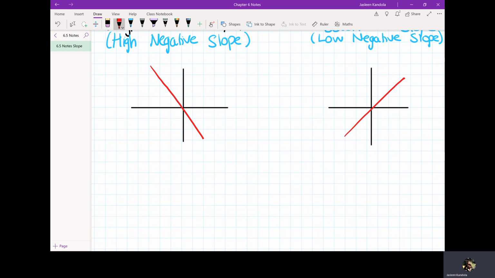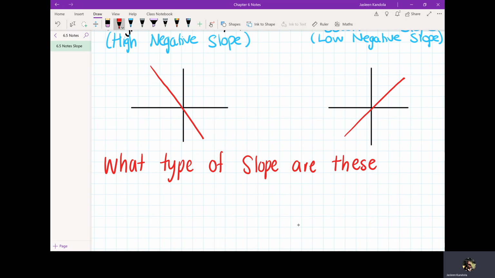So you're asked, what type of slope are these? So we have A and we have B.